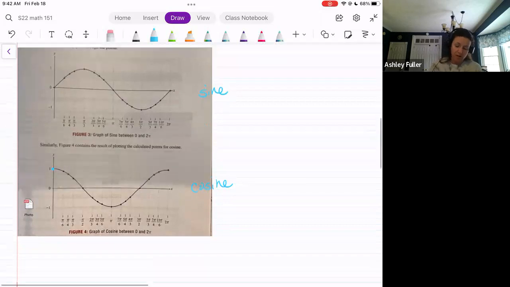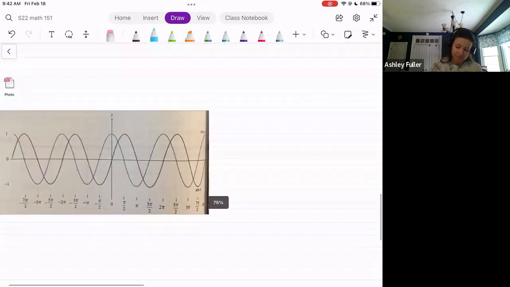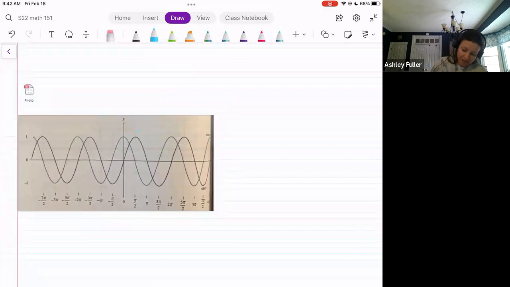If we put these on top of each other, so here we have sine and we have cosine.